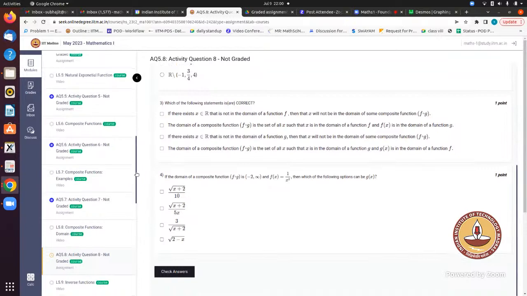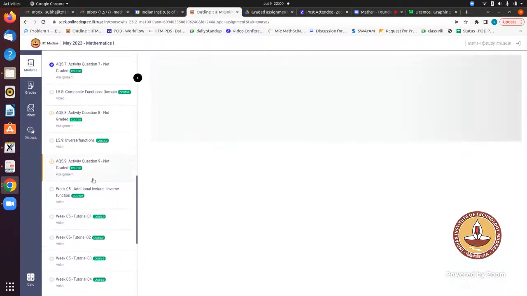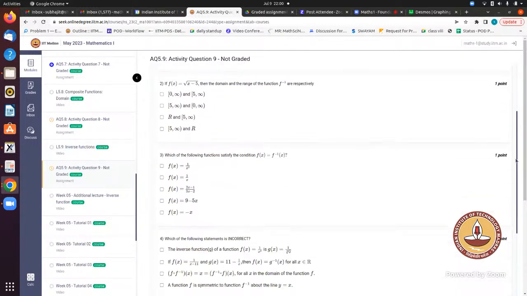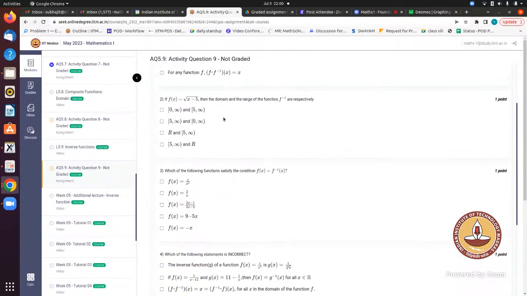This is a composition function. This one is an inverse function, right? Okay, fine. If I take question number two, can someone tell me the domain and range of the inverse function?